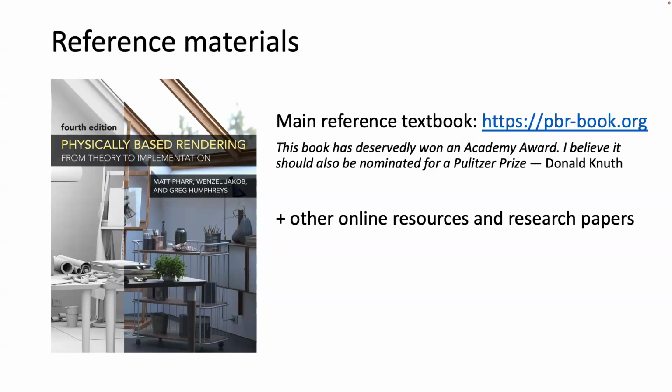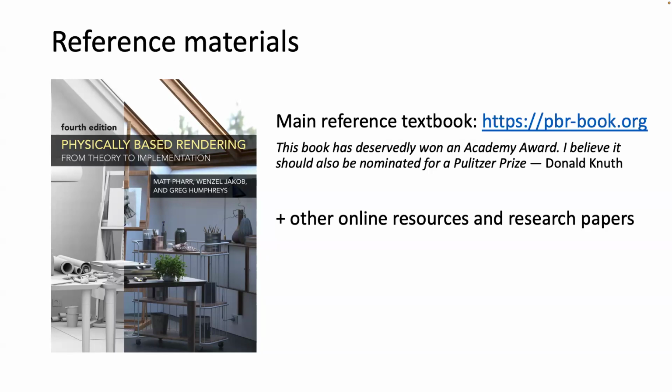And this textbook is actually famous or infamous for an interesting reason. This book led to an Academy Award for the authors, a so-called technical Oscar, because on the basis of this book, much of what is being done nowadays in the visual effects industry for movies has been developed.